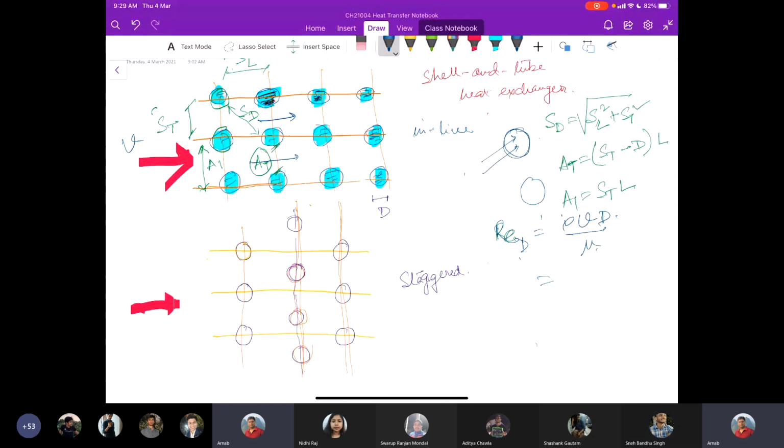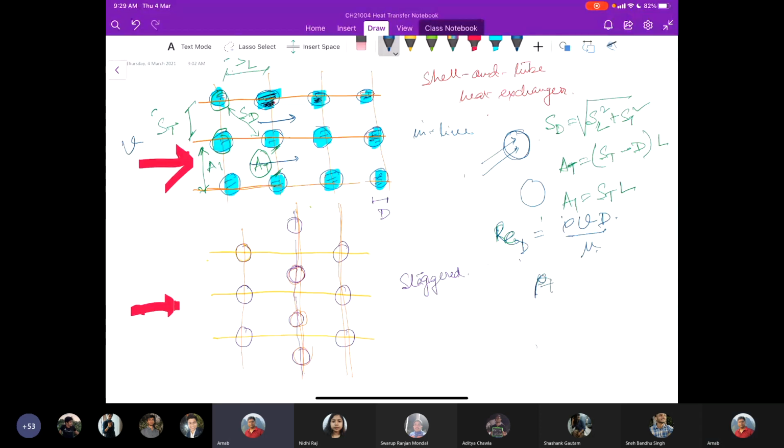Conservation of mass. That means rho V1 A1 is equal to rho V2 AT, because I have shown you clearly that this is the maximum flow area available, and this is the minimum flow area that is available for the flow.